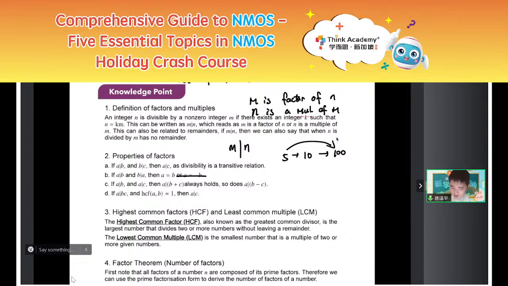And of course, if 5 is a factor of 10, and 5 is also a factor of 35, then I can conclude 5 is a factor of either 35 minus 10 or 35 plus 10. This also works. So this is the property of factors.